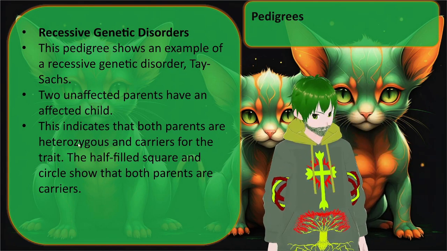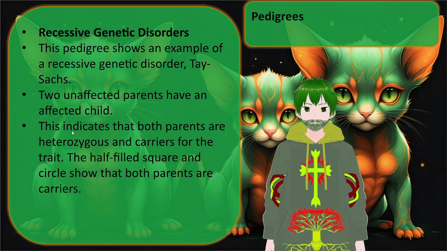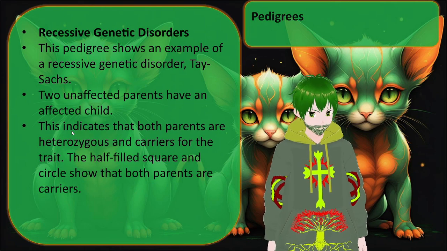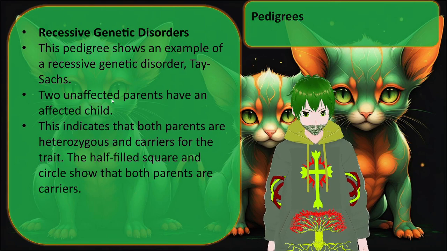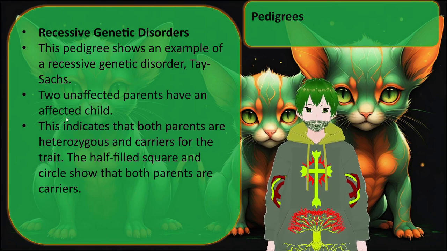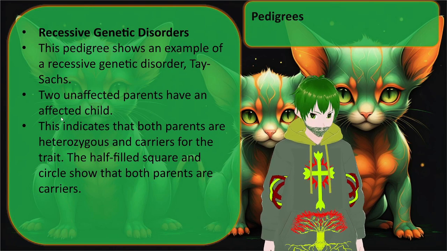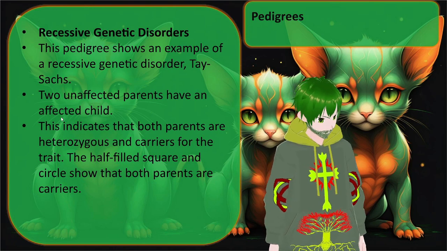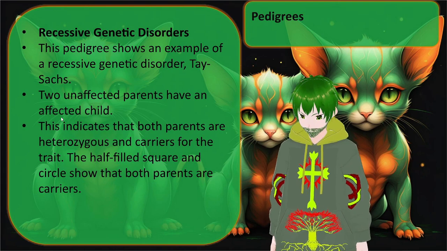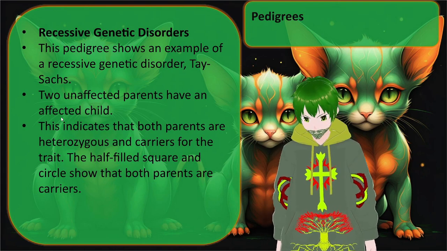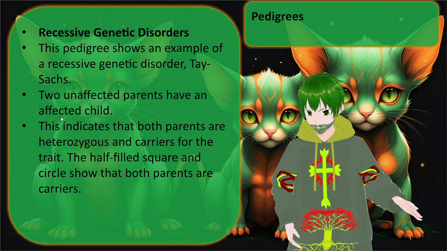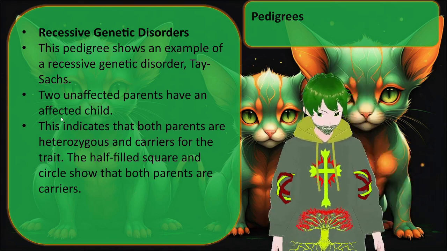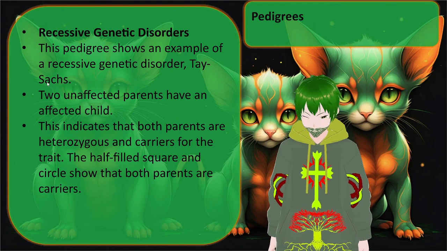And 25% of their offspring would show the disorder because it's like a monohybrid cross where you're crossing two heterozygotes and you get a 75 to 25 phenotypic ratio. Okay, 25% of the children will have the disorder, 50% will be carriers, and 25% will not have the allele for the disorder at all.